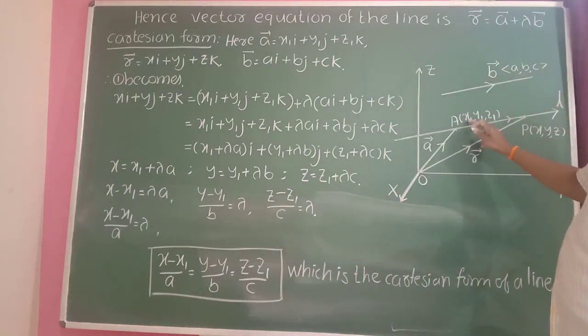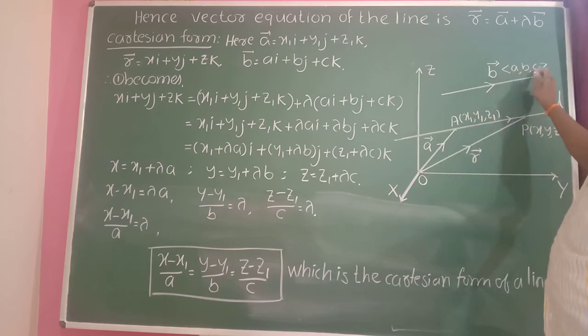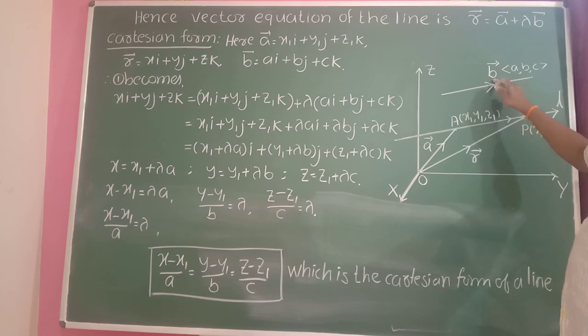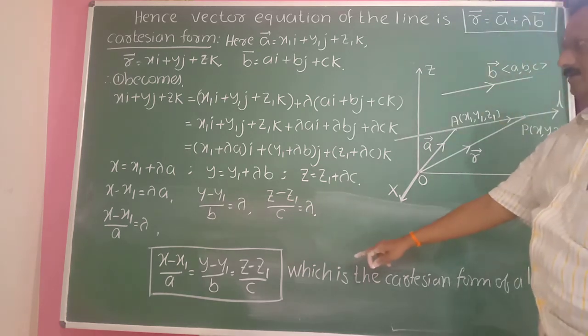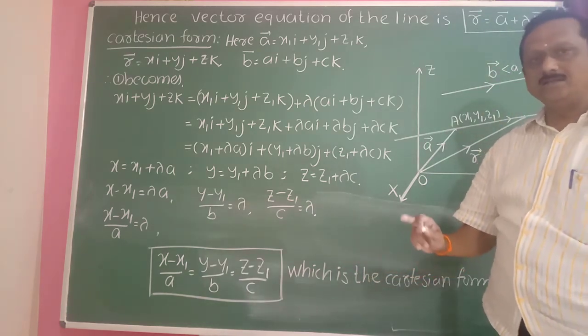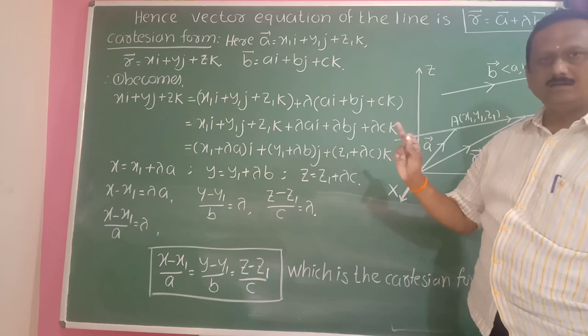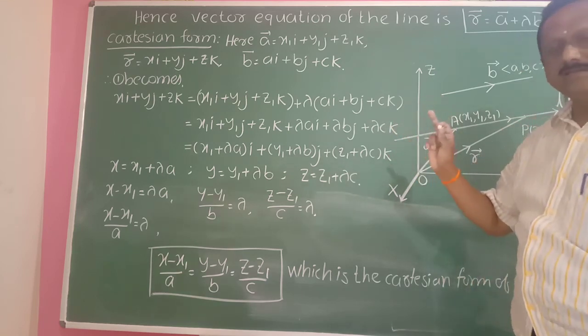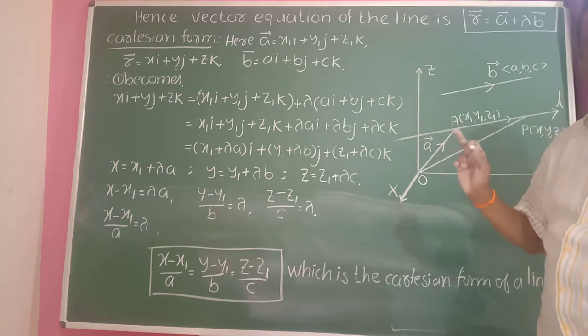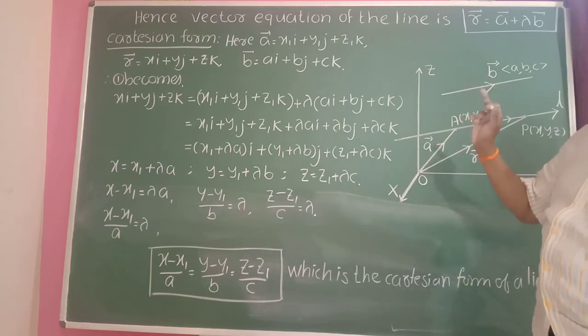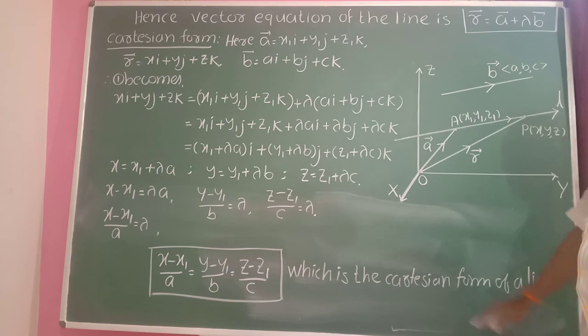Here x1, y1, z1 are the coordinates of the point, and a, b, c are the direction ratios of the given vector. So this is the vector form, and this is the Cartesian form. In the examination, you have to write both the vector form as well as the Cartesian form, because it carries 5 marks.